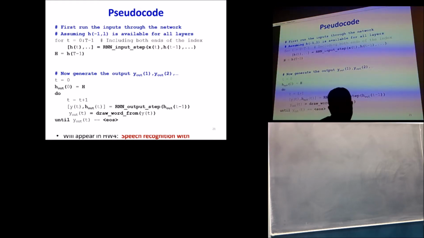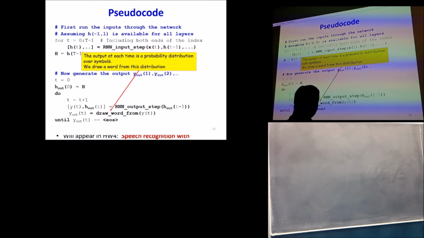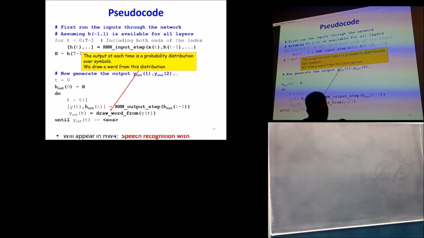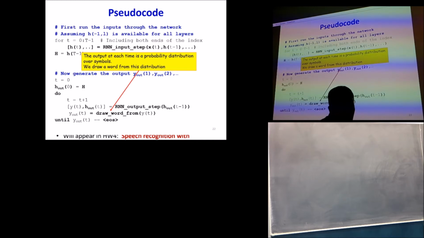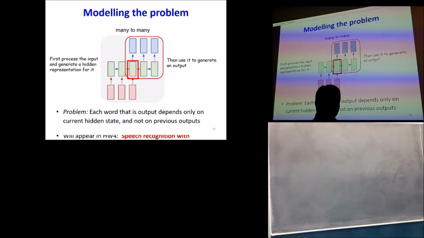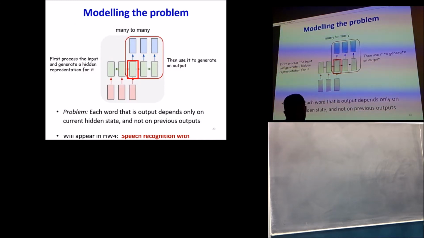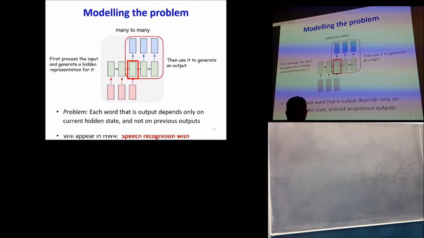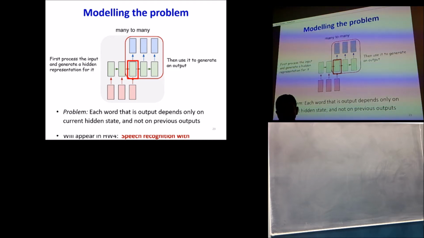Now this is not exactly how we do it, because there's a problem over here, in that the word I generate at time t does not get input right back into this recurrence step, as you can see from the pseudocode and from the figure. So it means, for instance, that if I generated the word "an" at the current time, the fact that I generated the word "an" has no influence on the hidden state at the next time. So at the next time I could just go ahead and generate the word "horse."